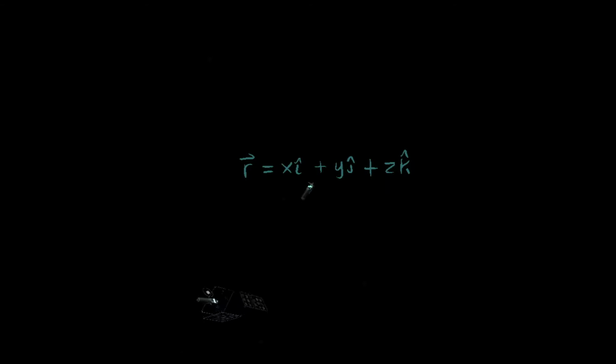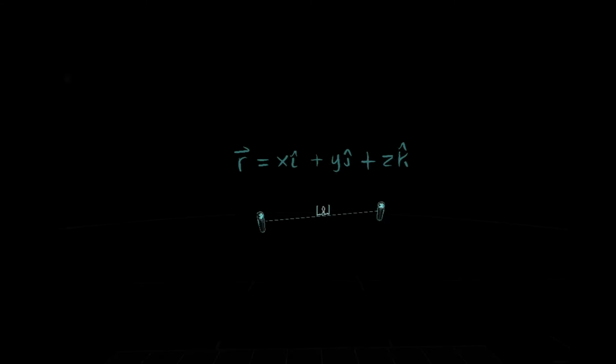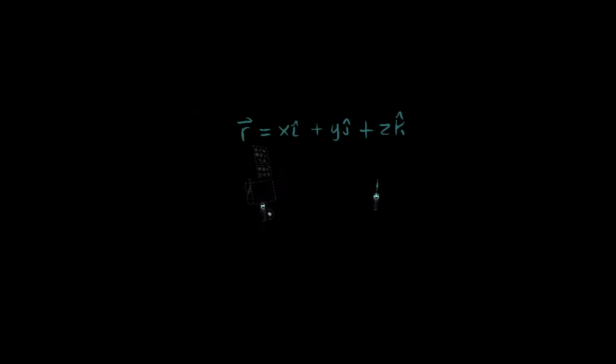And this x, y, and z, of course, correspond to the components of the vector in the x, y, and z axes of our Cartesian plane. So, of course, to describe motion, we must first be able to describe a particle's position in space. If we don't first know its position, then we can't describe motion from one position to the next.